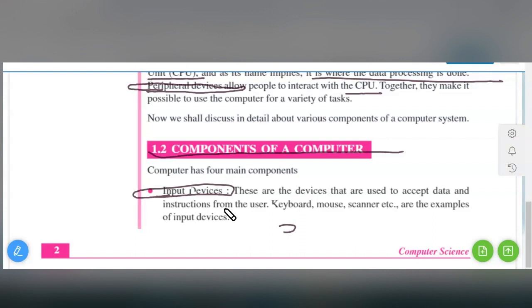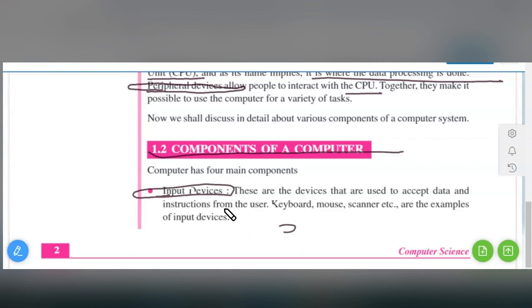A user cannot always use our language. Like if I am the user, I can't use English for the computer to understand what I want it to do. For that, I need to use some devices and feed my data into the computer.